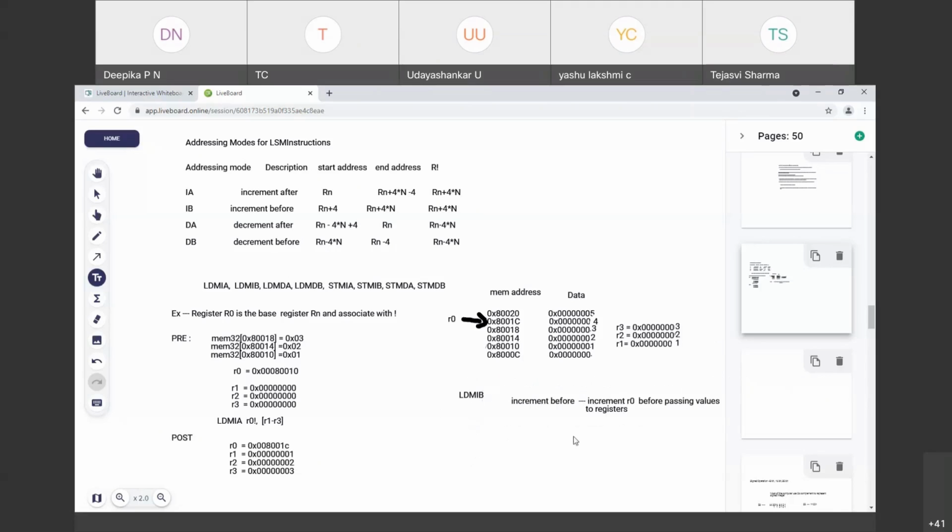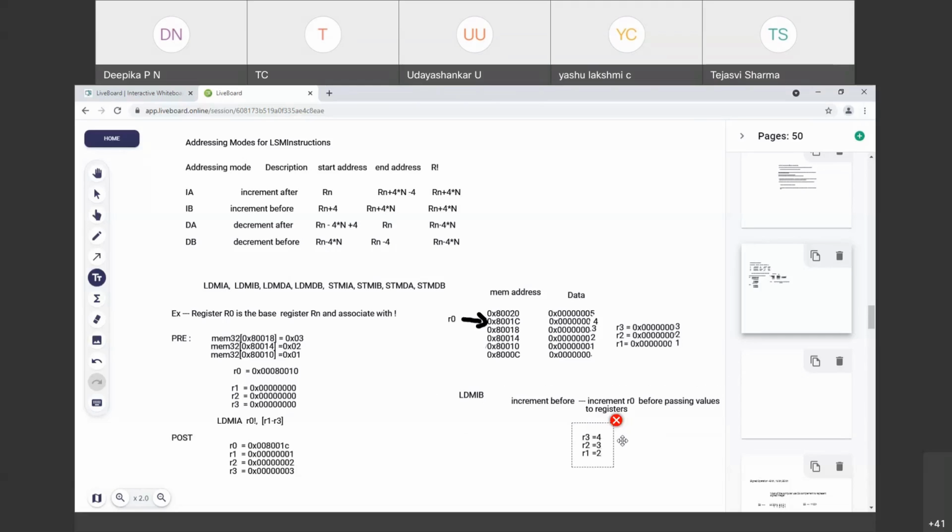Similarly, please cross check the values of the contents in the registers above. R3, everything same. R3 will have the value 4 now. R2 will have the value 3. R1 will have the value, sorry, 2. 1 is discarded. 1 is discarded in the sense it is not considered, because R0 is incremented before, then the value is fetched from the memory location.